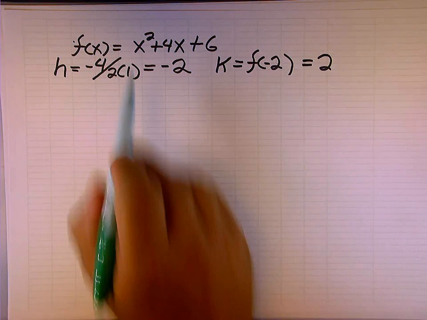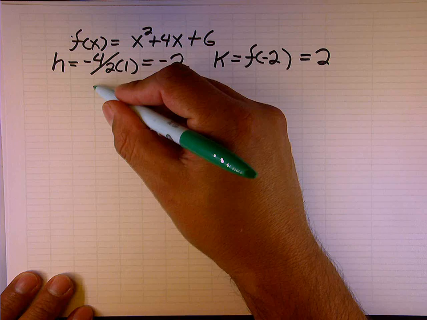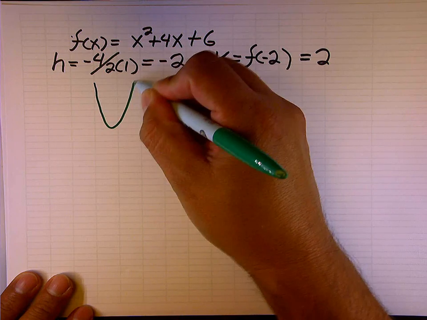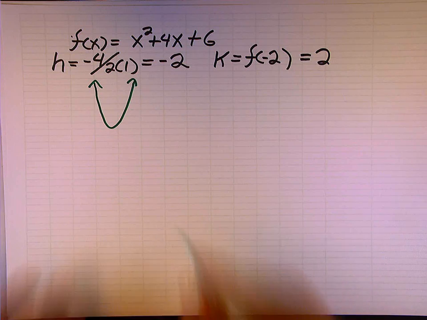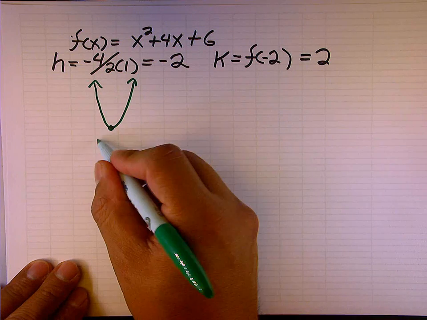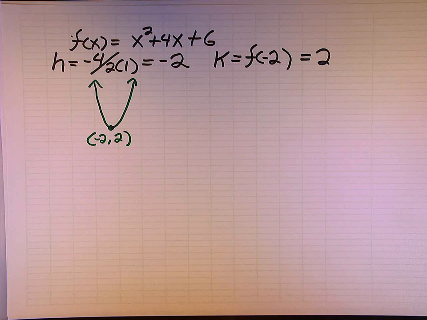So now I'm going to notice that my parabola has a positive a value of 1, which means my parabola will open up. My vertex is at negative 2, 2.